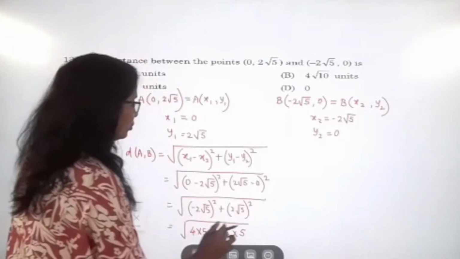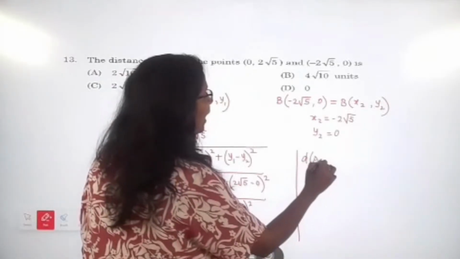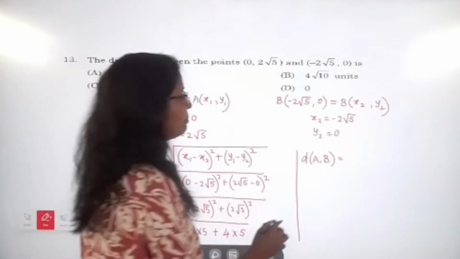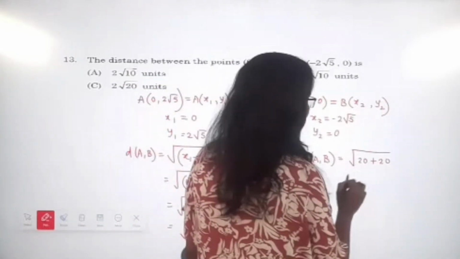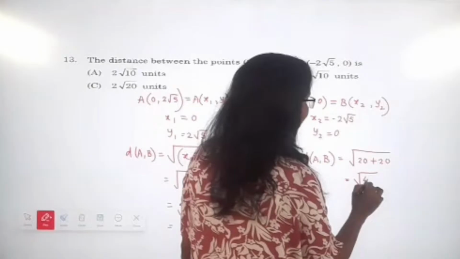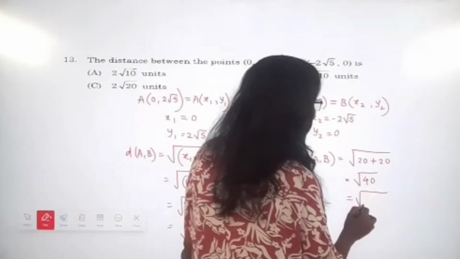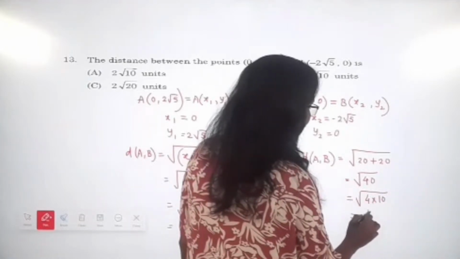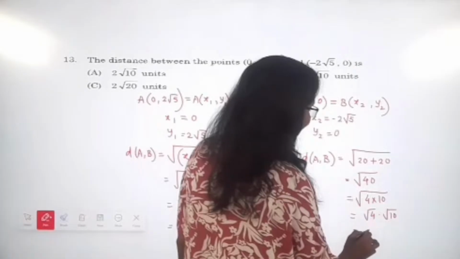So now, students, the distance from A to B is equal to the square root of 20 plus 20, that means square root of 40, and here we can factorize it: 4 times 10. So root 4 multiplied by root 10, and root 4 means 2.